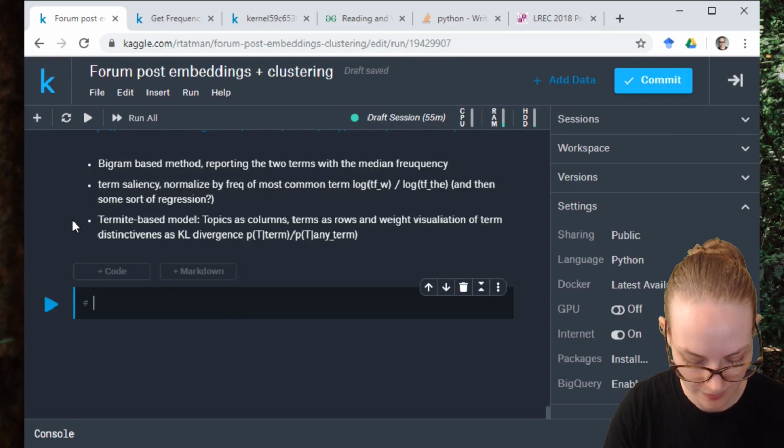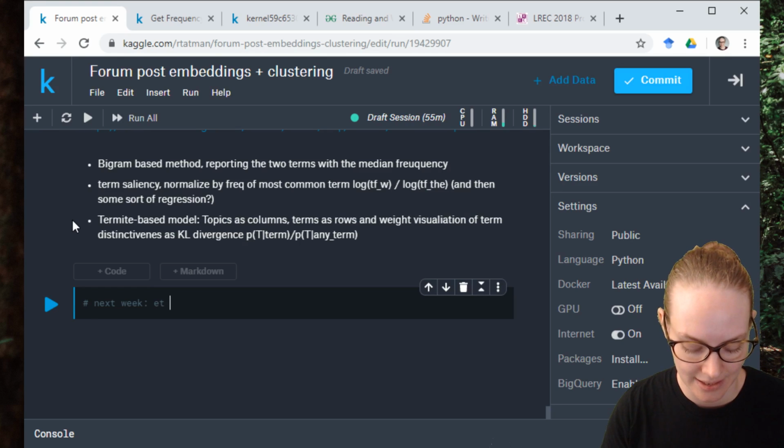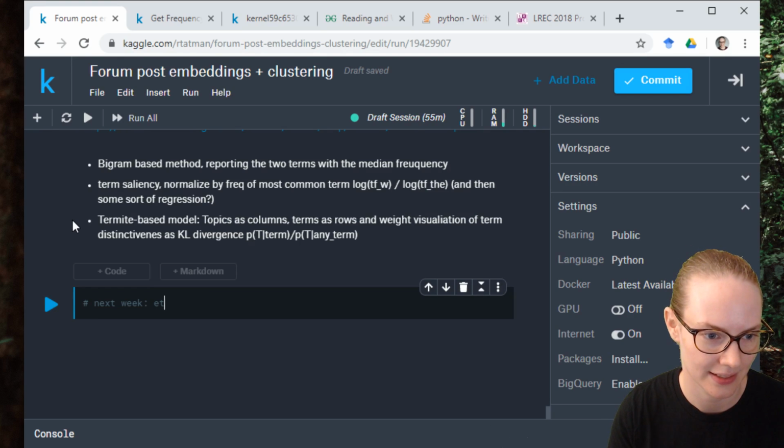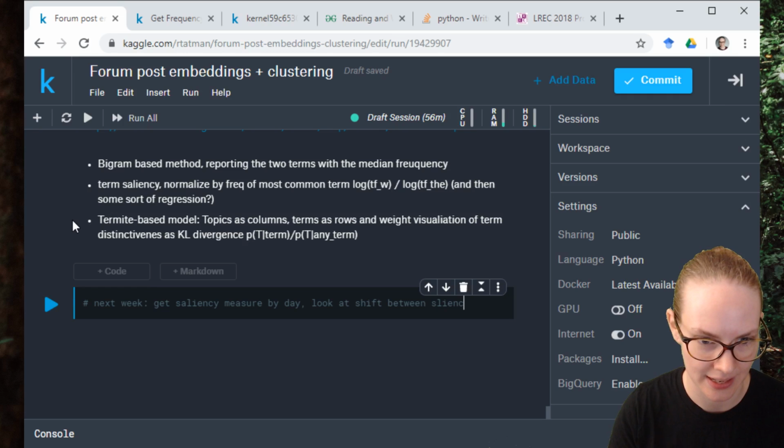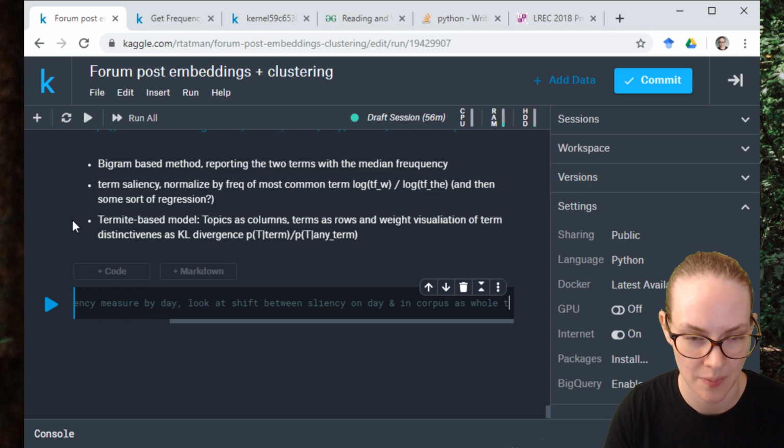Next week, get saliency measure by day, look at shift between saliency on day and in corpus as whole to pick summary words.